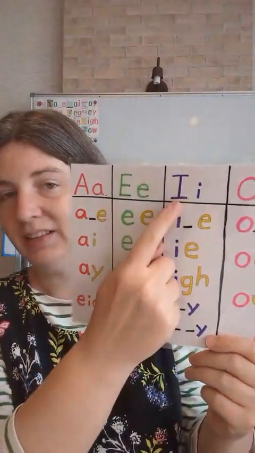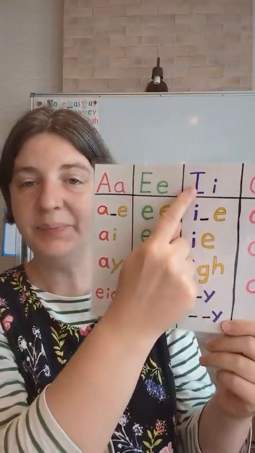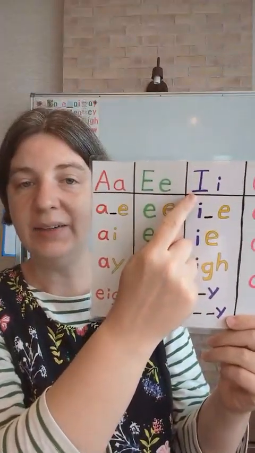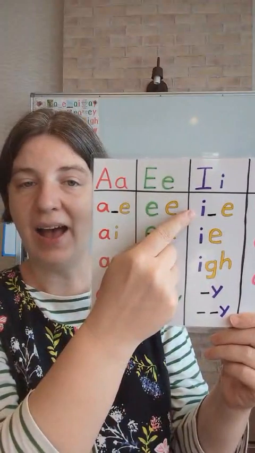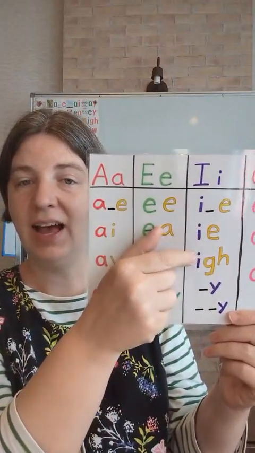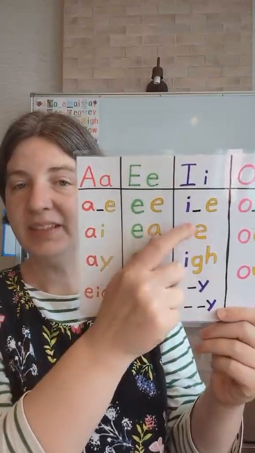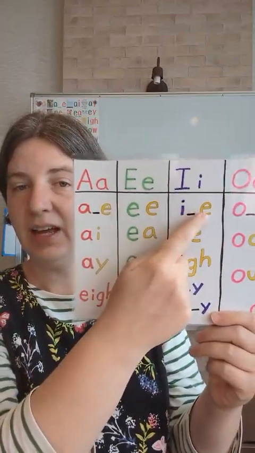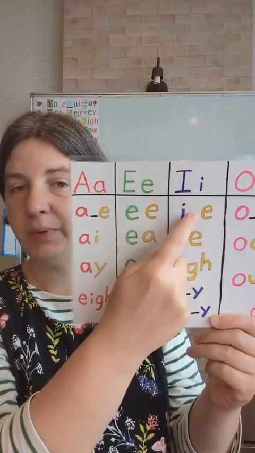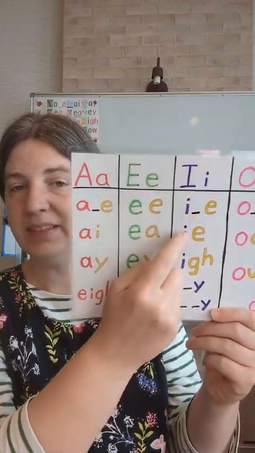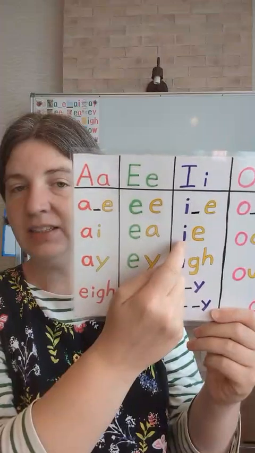Okay. This one is I. So we have the I and the E, one space between. I, E together.